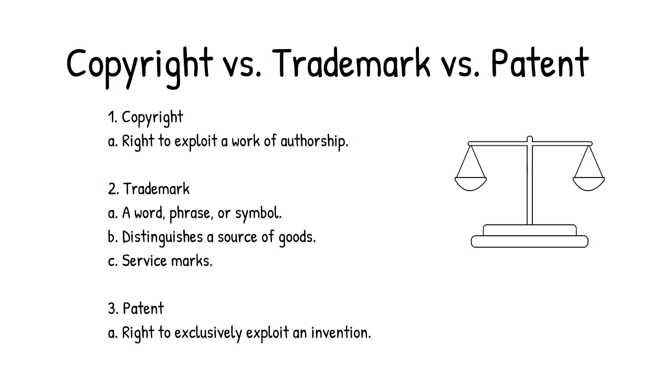A trademark is a word, phrase, or symbol that distinguishes a source of goods for consumers. Okay, this is really important. So what we're talking about is basically giving consumers confidence that when they see a particular word, phrase, or symbol, the goods that are being sold under that word, phrase, or symbol have a certain quality.